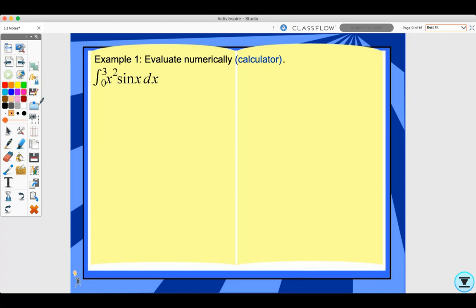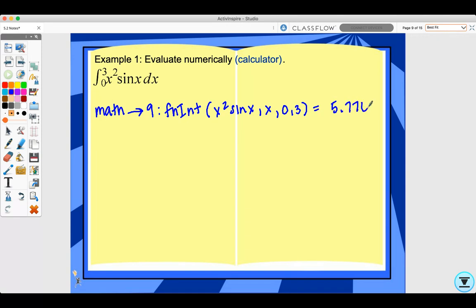In your calculator, you will choose math and then the number 9, which is the definite integral. Either a template will pop up where you can plug everything in, or you first plug in x squared sine x, then your variable of integration, then your lower bound and your upper bound. Press enter and you'll get 5.776.